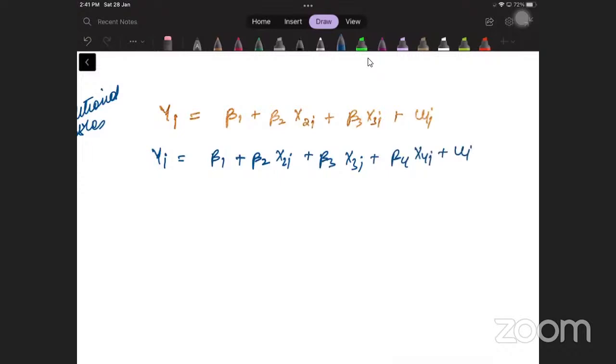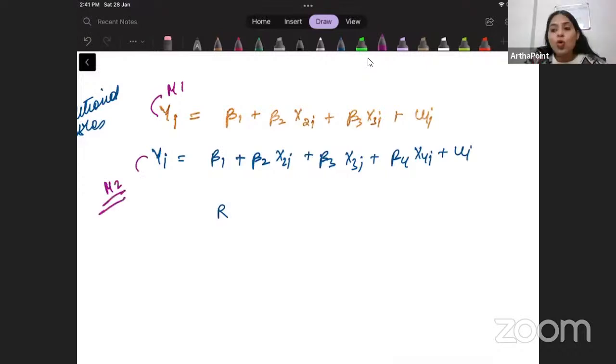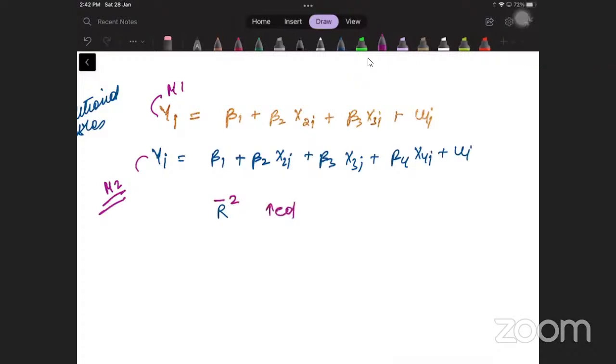Now I'm asking, is this model better, model 1 or model 2? Model 2 will be better only if r bar square has increased. If r bar square has decreased, then don't choose model 2, model 1 will be better.